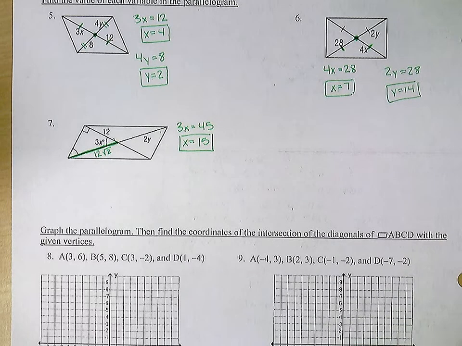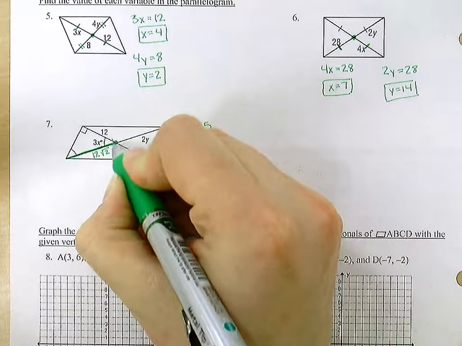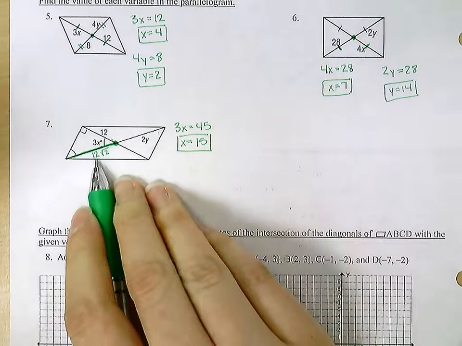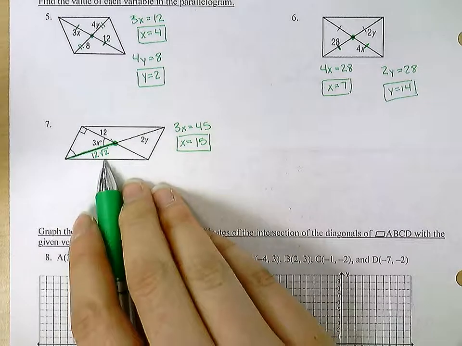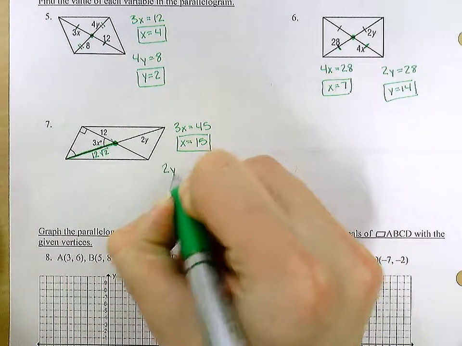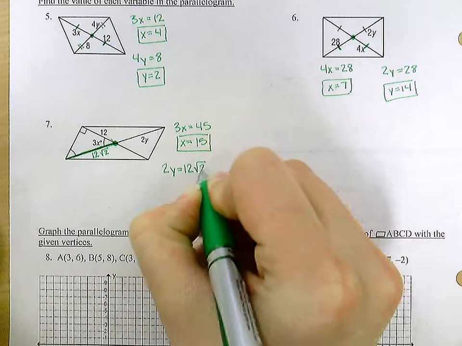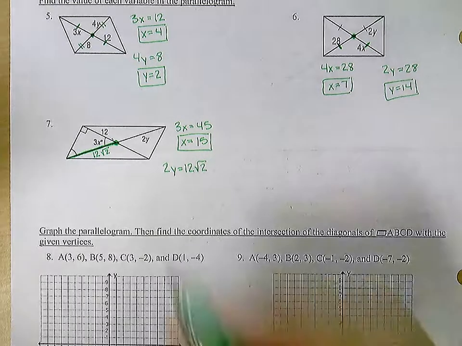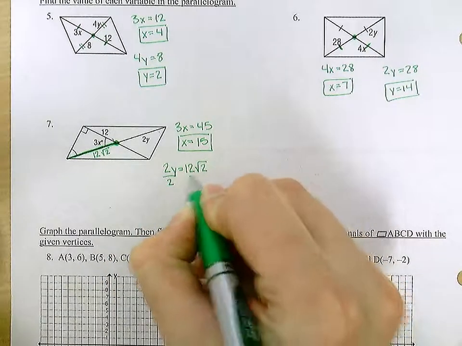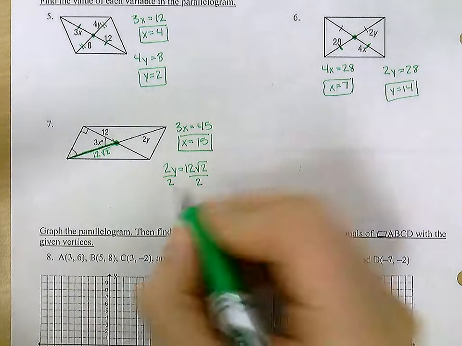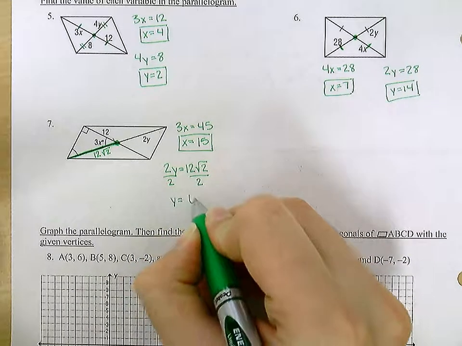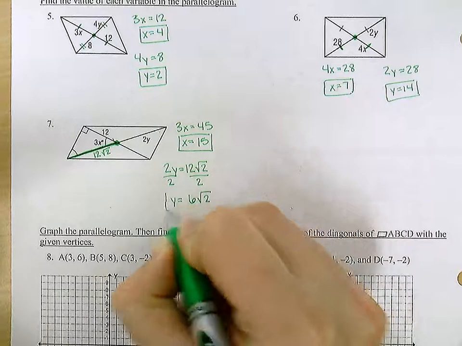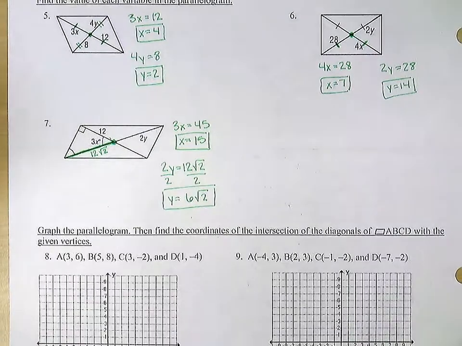Now that I have that length, and I know that point of intersection is the midpoint right there, I can set 2y equal to 12 square roots of 2. From here, I just need to solve for y, so I'll divide both sides by 2 to get y is equal to 6 times the square root of 2. And I'm going to leave it like that.